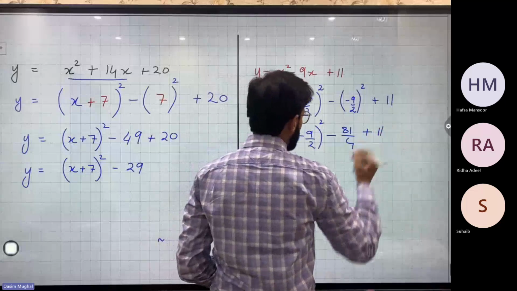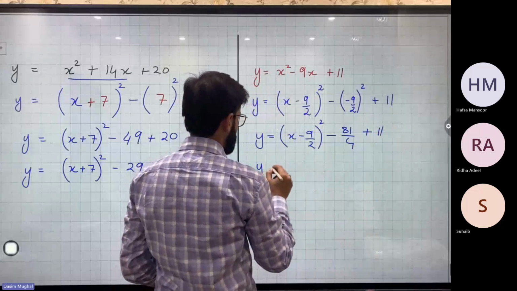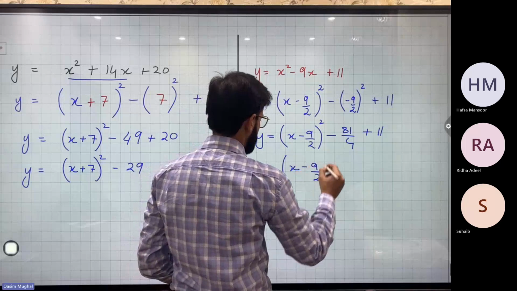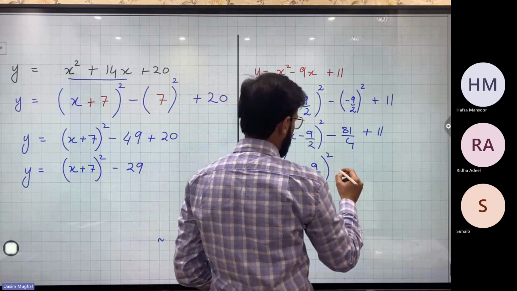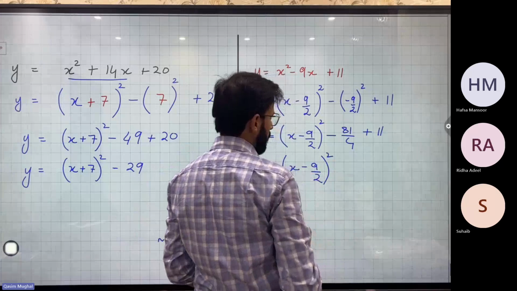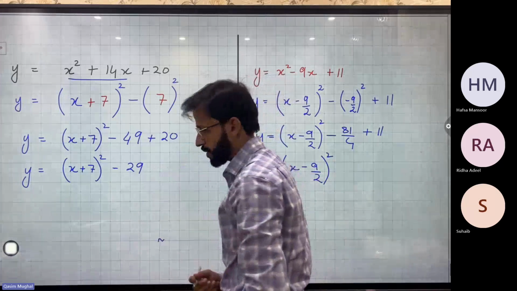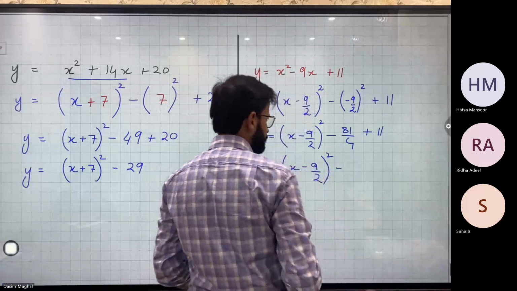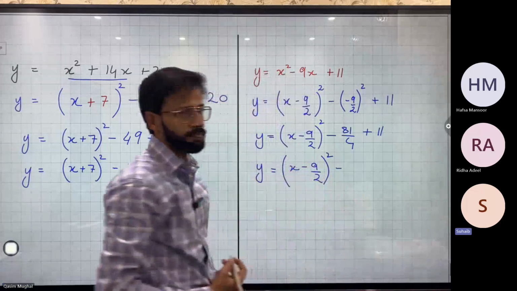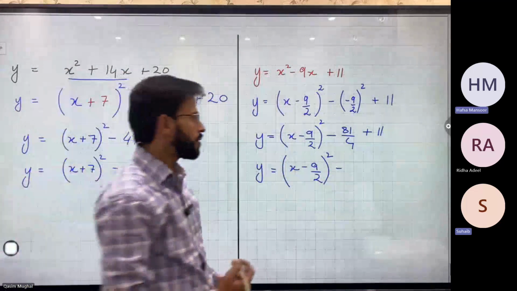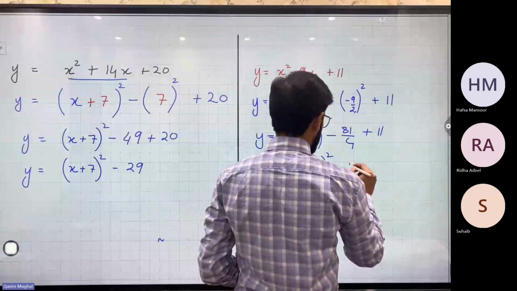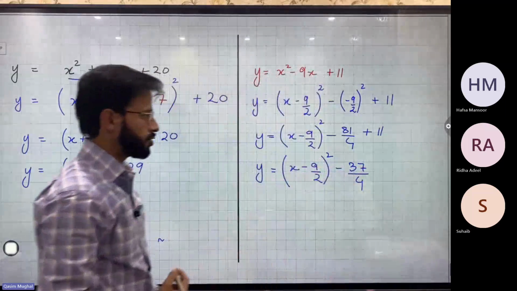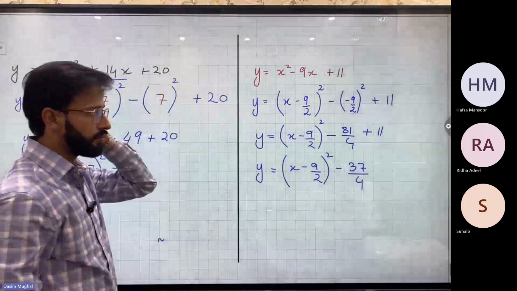Plus 11. So y equals x minus 9 by 2 whole squared minus 81 plus 44. What do you get? Minus 81 plus 44 is minus 37. Minus 37 over 4. So this is going to be your final answer for this one.